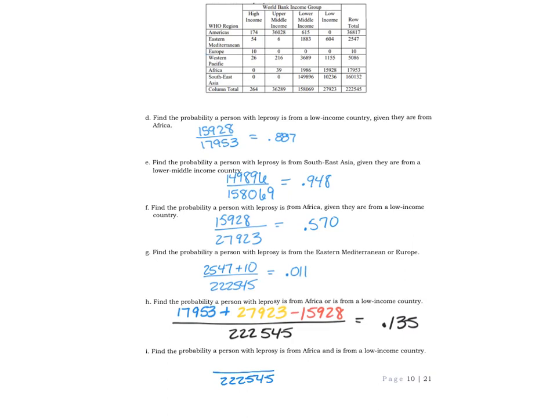They're from Africa and they're from a low-income country. That is those 15,928 people right there, probability 0.009.